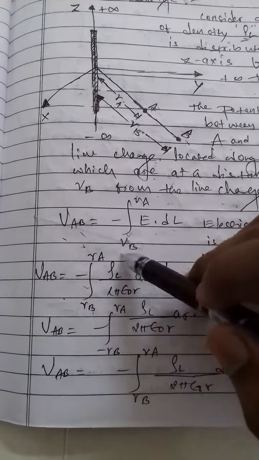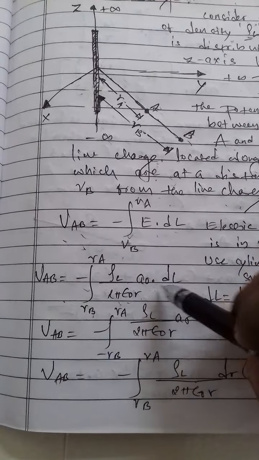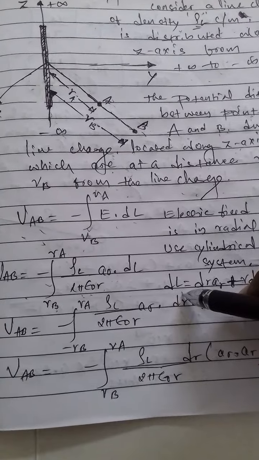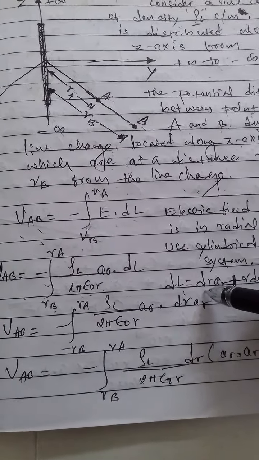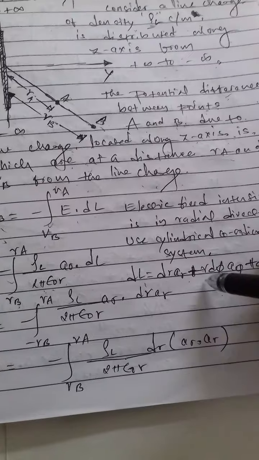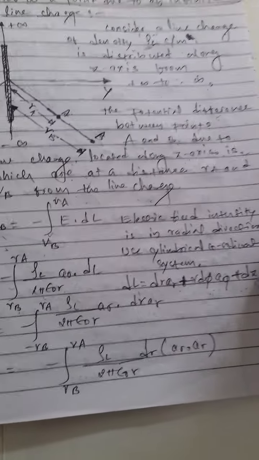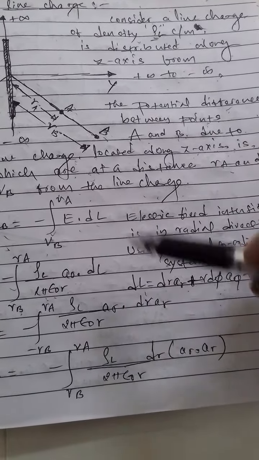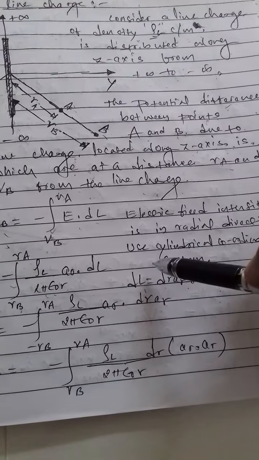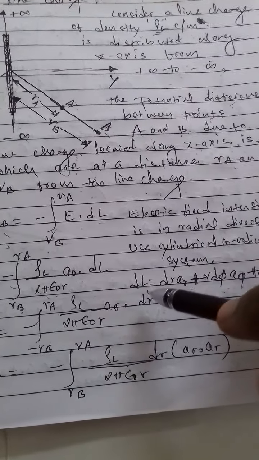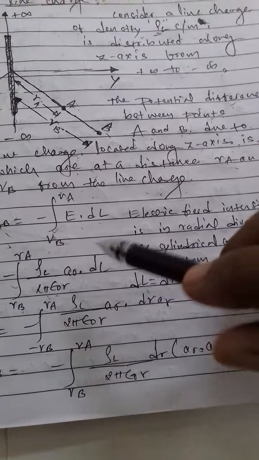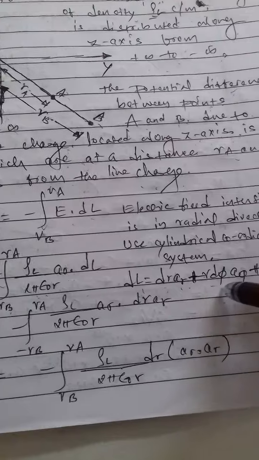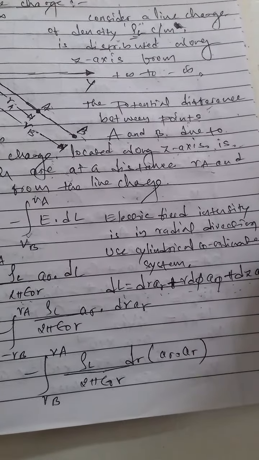Minus integral RB to RA rho L upon 2 pi epsilon naught R aR dot dl, where dl is equal to dr aR plus R d phi a phi plus dz aZ in the cylindrical coordinate system.